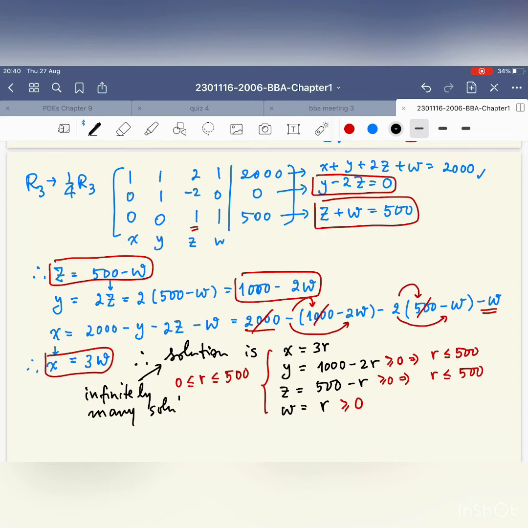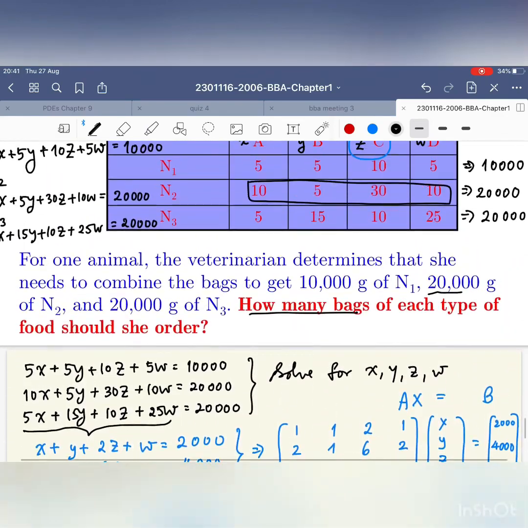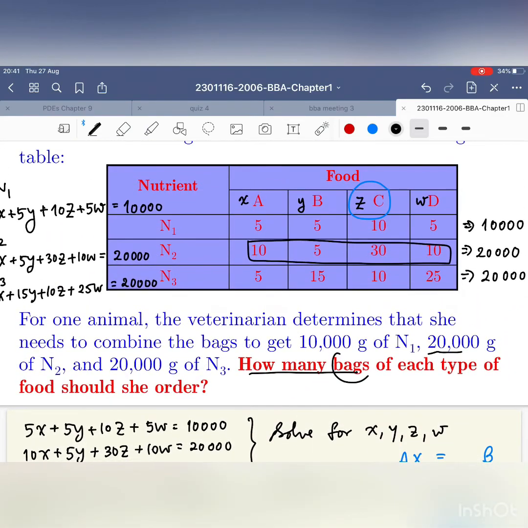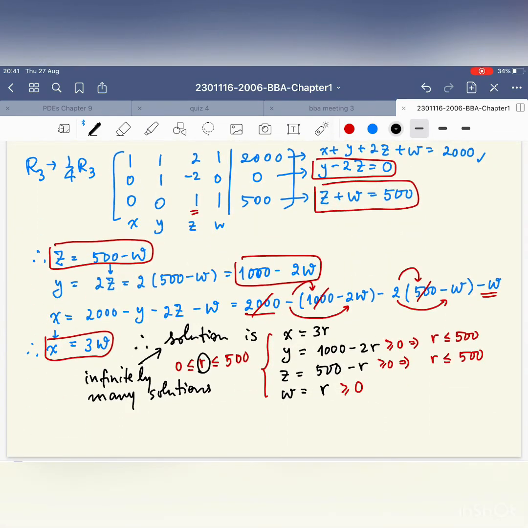Okay, or you can say that the r must be, you still remember, it is a number of bags. So it should be an integer, because for example 1 bag, 2 bags, or 0 bags, right? So you can say either infinitely many solutions, or it can be only integers from 0 to 500.